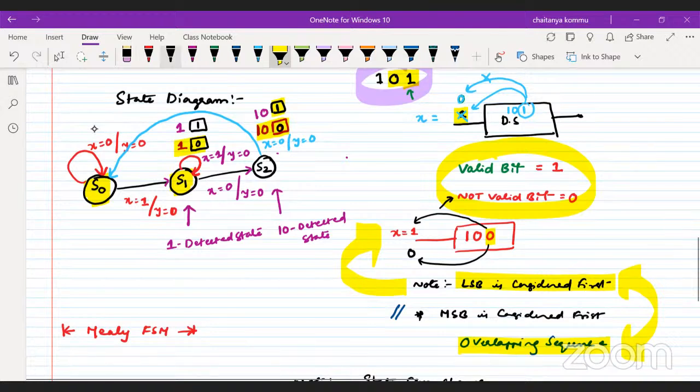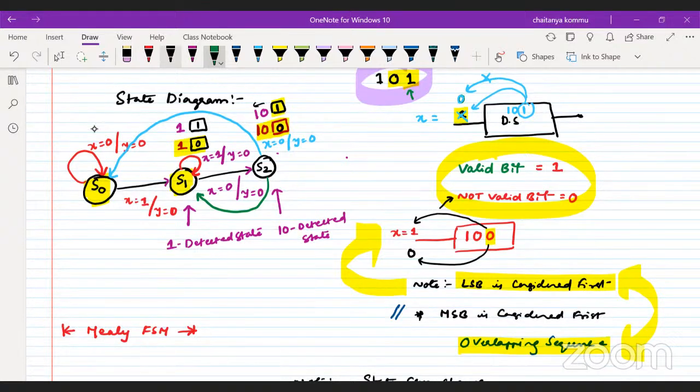We need not check here, because it is a valid bit, so from there we can start a new sequence. So 1 itself can start a new sequence, that means where 1 is detected, in the S1 state. Therefore, it comes back to state S1 because there we can start a new sequence onwards.